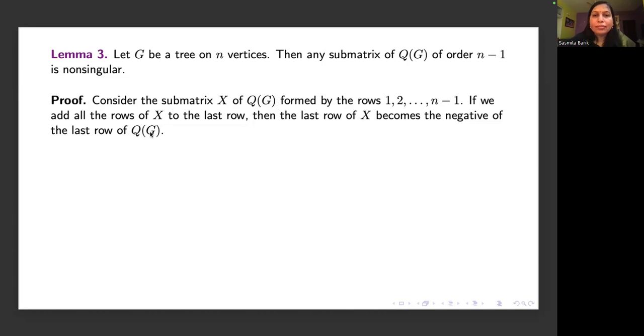All the column sums are equal to 0. So if I add all the rows, it was giving me 0. So if I'm adding the first n minus 1 rows and making that the last row of your X, then that will be nothing but the negative of the last row of Q_G, right?